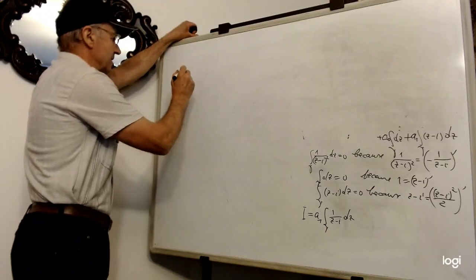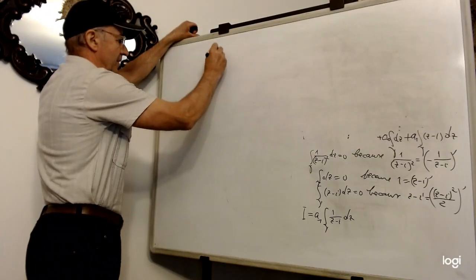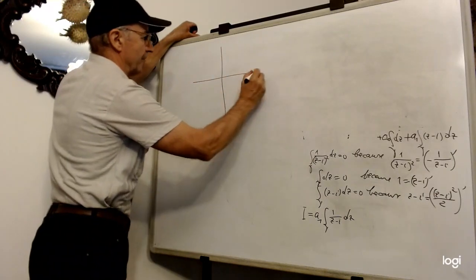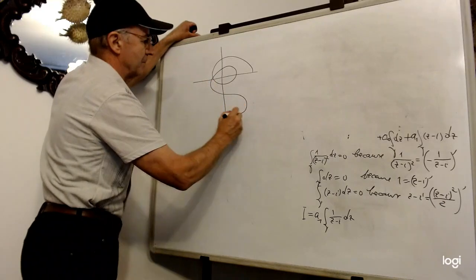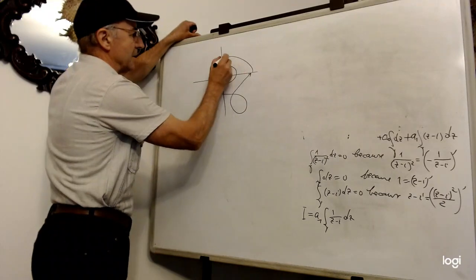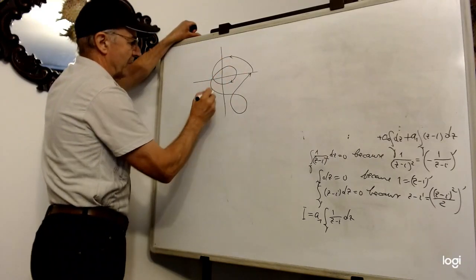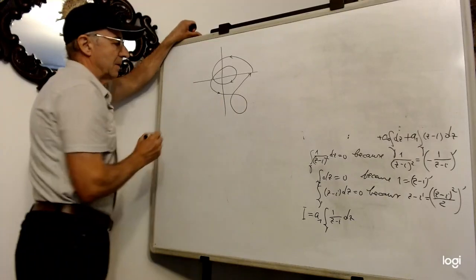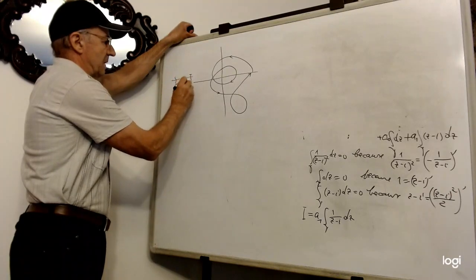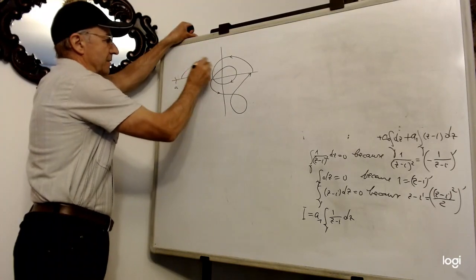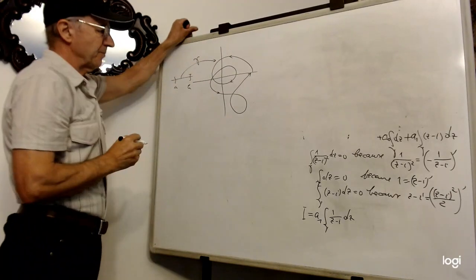Let us consider here a path, a very complicated path. For example, this is the path. It is a closed path, gamma, from a to b. This is the path gamma.